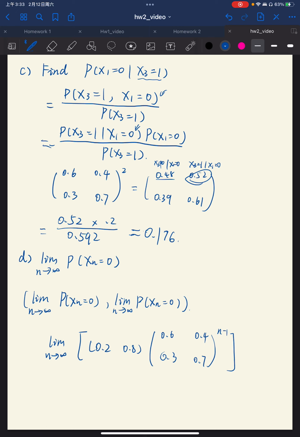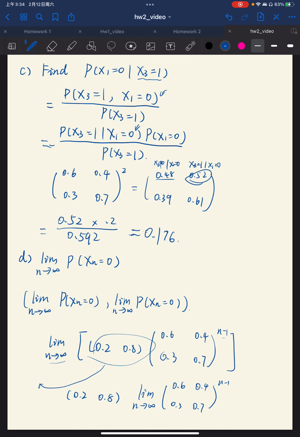Since n is close to infinity, this one doesn't affect the final result, so we move it outside as 0.2, 0.8. And we find the limit of 0.6, 0.4, 0.3, 0.7 to the power of n minus 1, which is close to infinity.